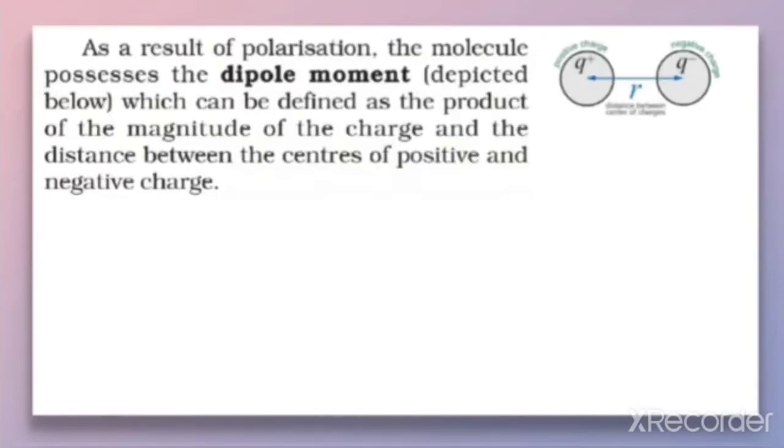As a result of this polarization, the molecule possesses a dipole moment. Dipole moment can be defined as the product of the magnitude of the charge and the distance between the centers of positive and negative charge.